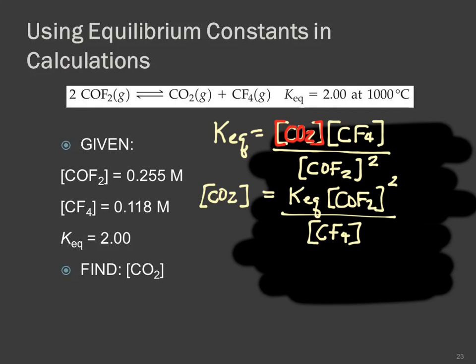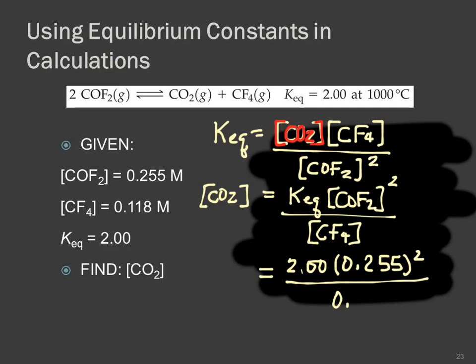Now we can plug the numbers into this equation. The equilibrium constant was 2.00. The concentration of COF2 was 0.255, and that's going to be squared. And the concentration of CF4 was 0.118.